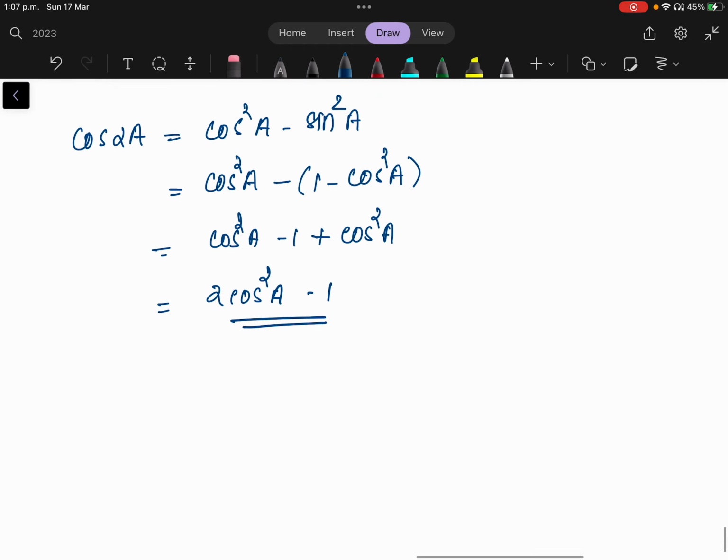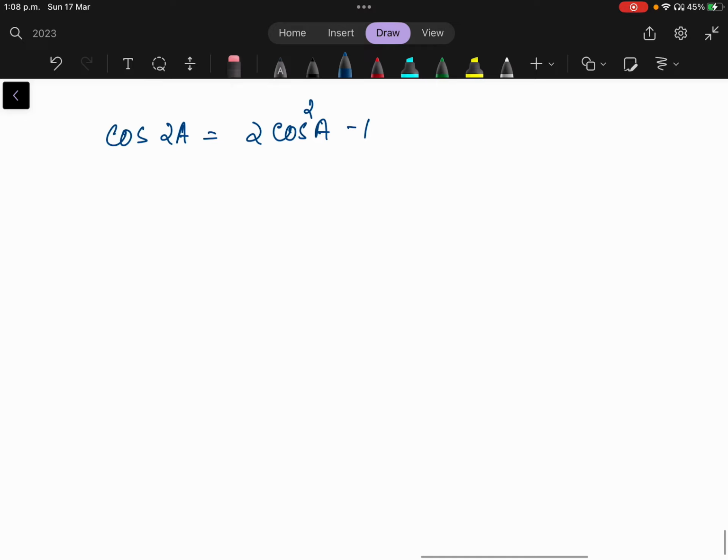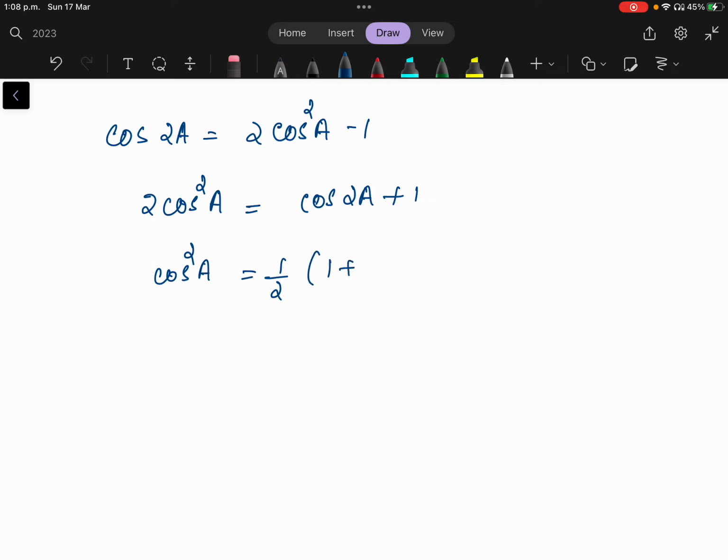Now from this one, cos 2A is equal to 2 cos square A minus 1. Let me do some more manipulation of this. 2 cos square A is equal to, bringing the 1 to that side, cos 2A plus 1, and I can write cos square A is equal to 1 by 2, 1 plus cos 2A.